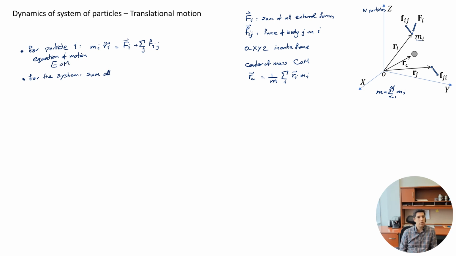Summing all EOMs, what I have is the summation over all particles of mi ri double dot, equals the summation of all external forces plus the summation of all internal forces.